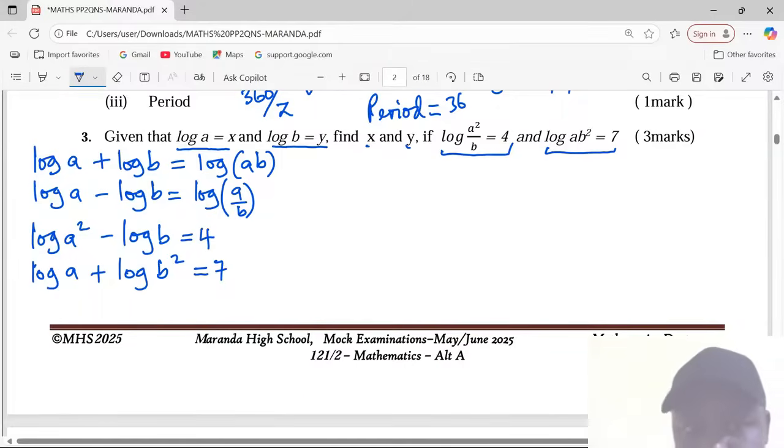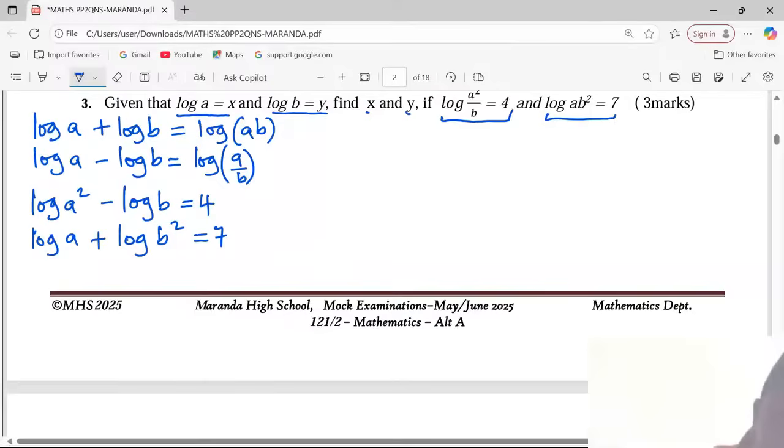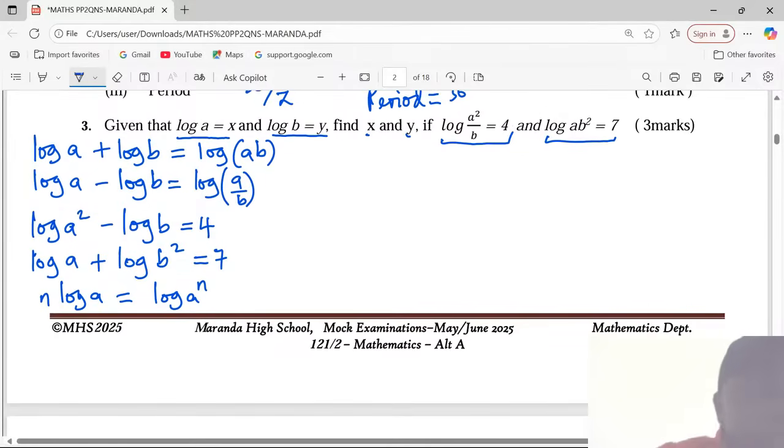So basically, this is where we are now. There is a law of logarithm again that says whenever we have n times the log of a, this is the same as the log of a power n. The multiplier of the logarithm becomes the power.